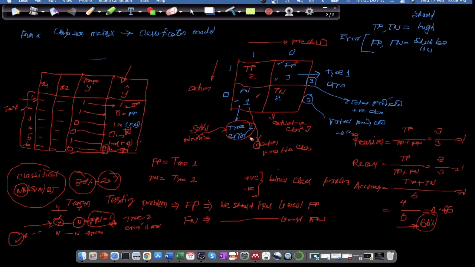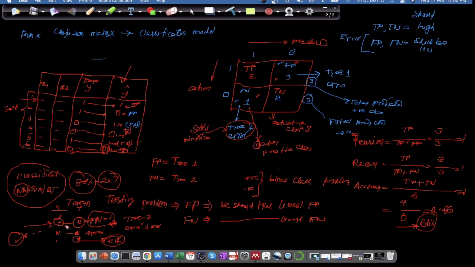Because if one patient is not having cancer but is detected as cancer, it is okay, because in the later stage of the diagnosis, he will be evaluated as not infected by cancer. He will go for further treatment or further diagnosis, then he will be detected.